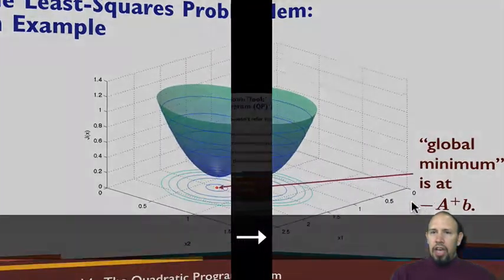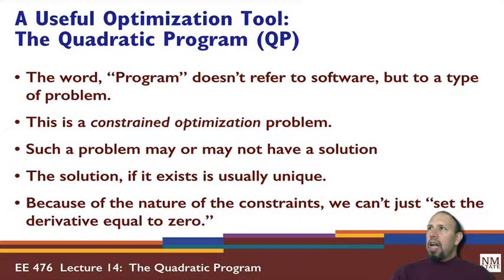Now, in our case, we may not have that unconstrained optimization problem. We may have a constrained optimization problem, in which case we need to use a quadratic program. Again, program here doesn't refer to software. It refers to a type of problem, an optimization problem, and this is a constrained optimization problem.